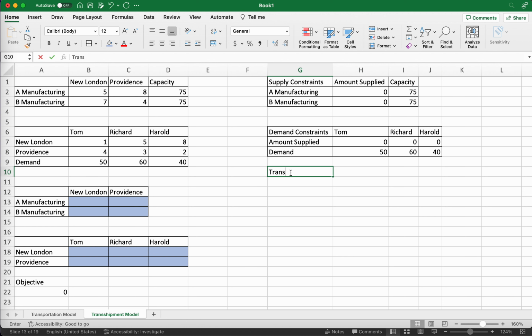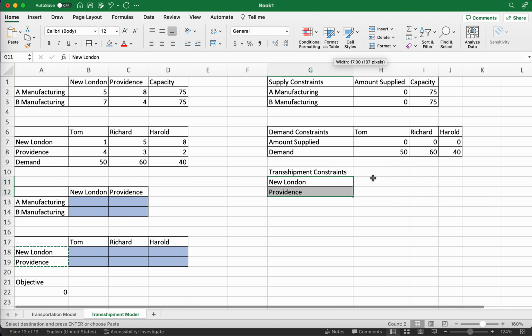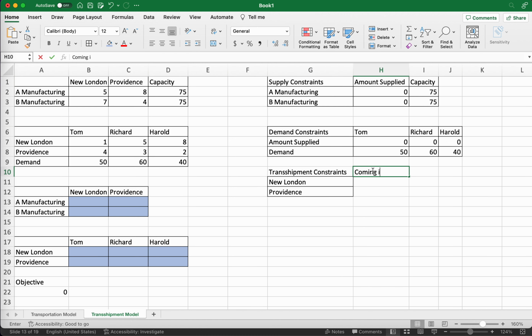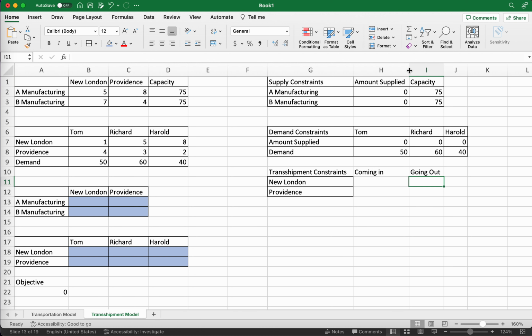Finally, transshipment. So transshipment constraints for New London and Providence. I'm going to call it coming in, going out. So all the supply coming in and all the supply going out should be equal to each other.